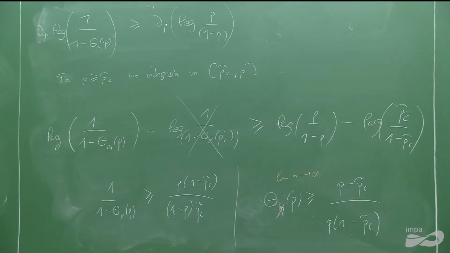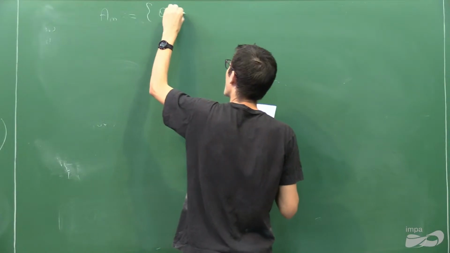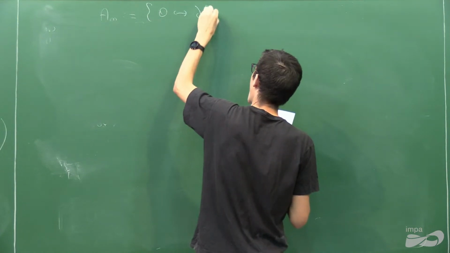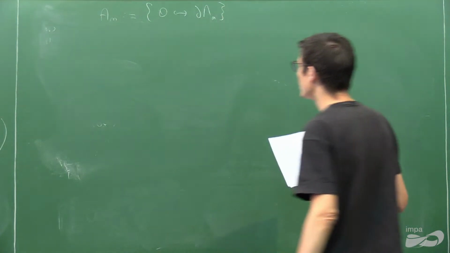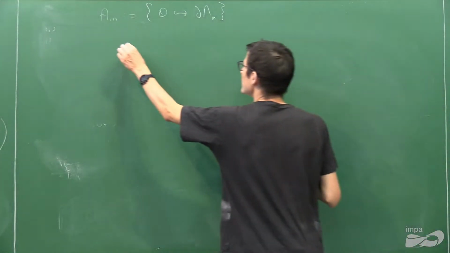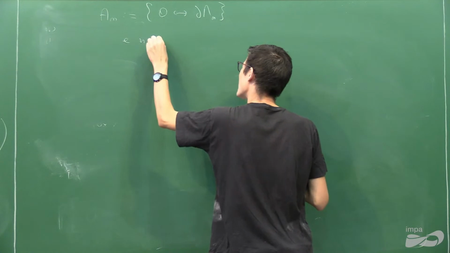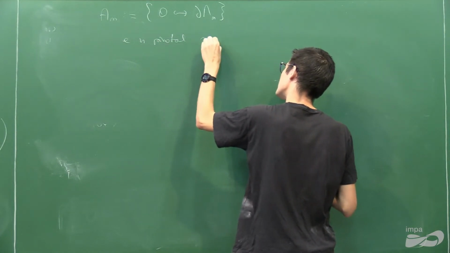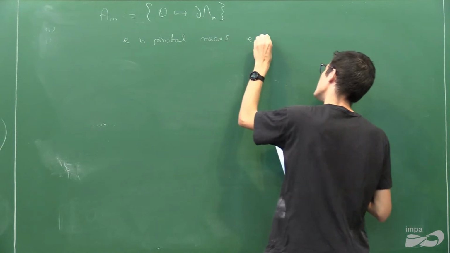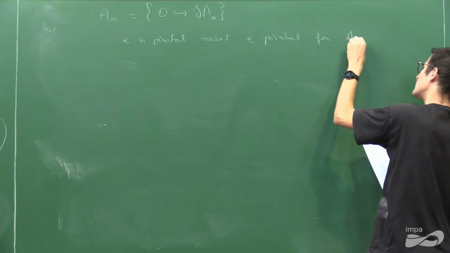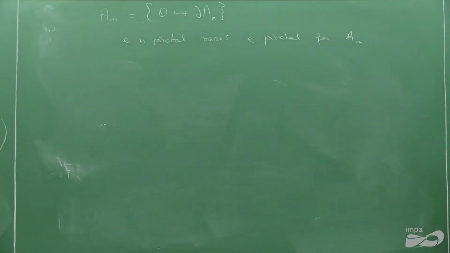Maybe I will not even use this, but so, in the proof, what I'm going to do is that when I write E is pivotal, it means E pivotal for AN, because this is pretty much the only event that we are going to consider.